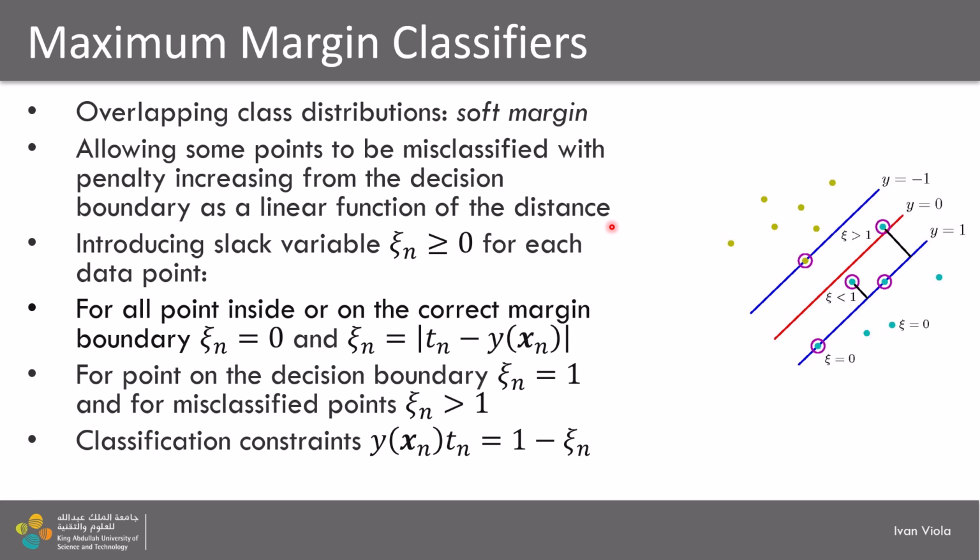And therefore, we will instead reformulate the hard margin support vector machine case into something which can be referred to as a soft margin, and that technique or approach will allow misclassification.